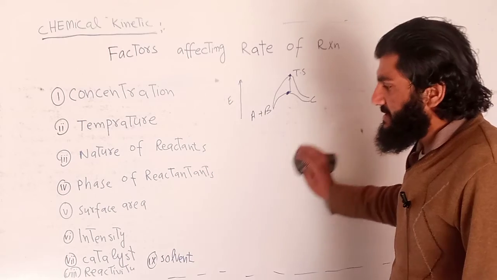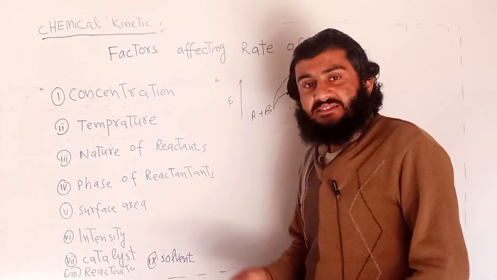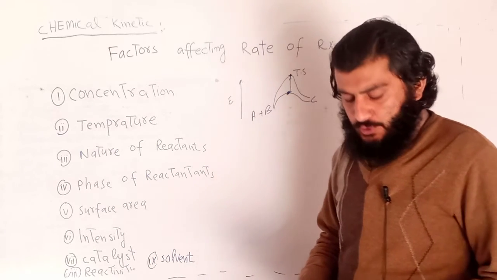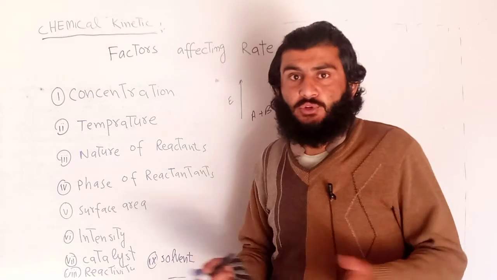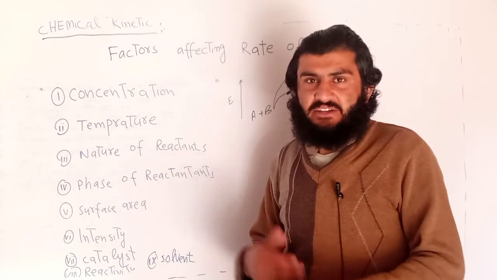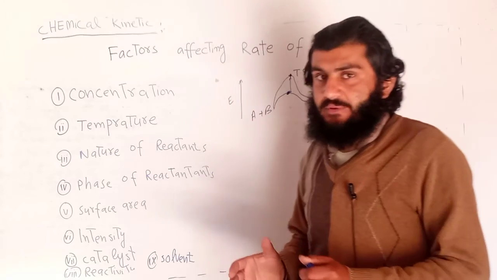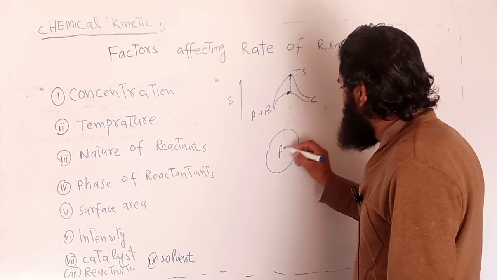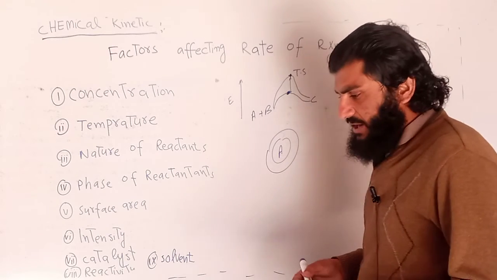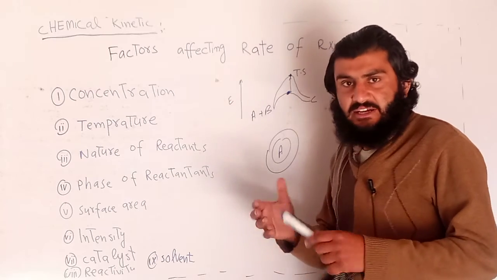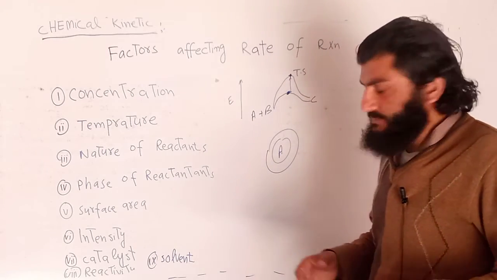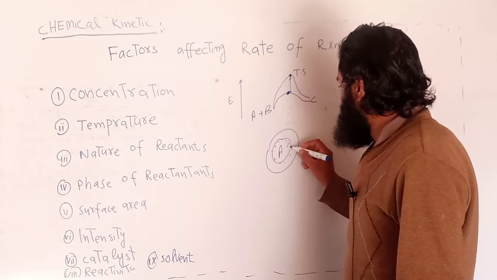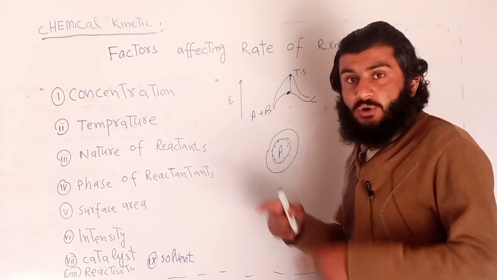The next factor is the solvent. You should know the solvent can affect the rate of reaction. As in the society where you live, people can motivate or discourage you for some actions. If you want to do a difficult task, other people can motivate or discourage you, so these people can affect your goal.